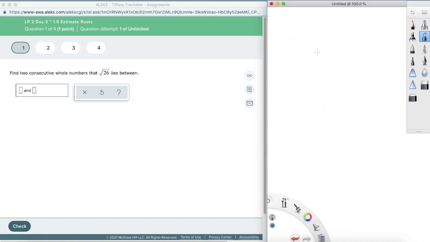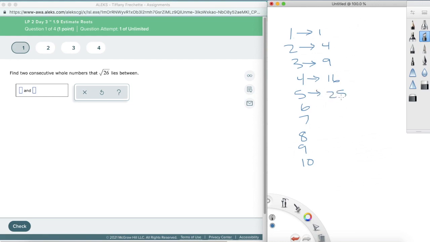So if we go 1, 2, 3, 4, 5, 6, 7, 8, 9, 10. Well, 1 squared is going to be 1. 2 squared is 4. 3 squared is 9. 4 squared is 16. 5 squared is 25.